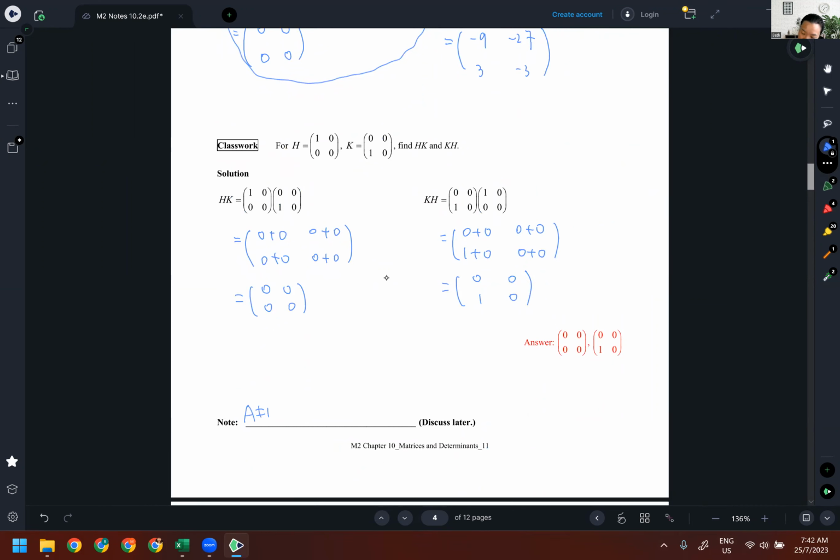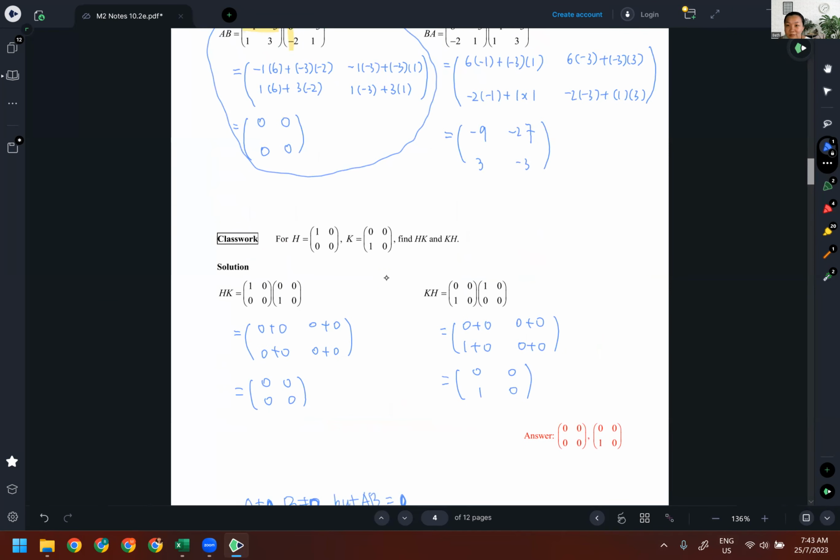Now this 0 could never happen with scalar multiplication. We always say the zero principle: if x times y is 0, then x is 0 or y is 0. One of them must be 0, but in this case, no.